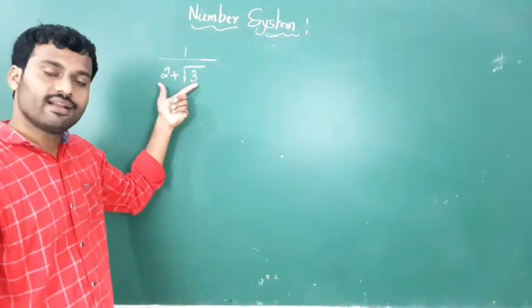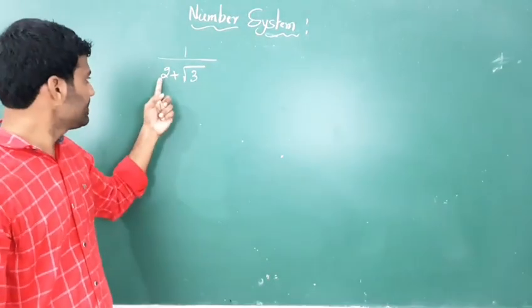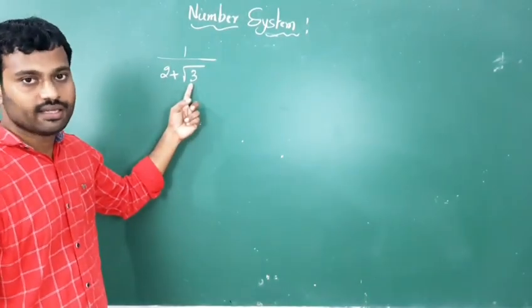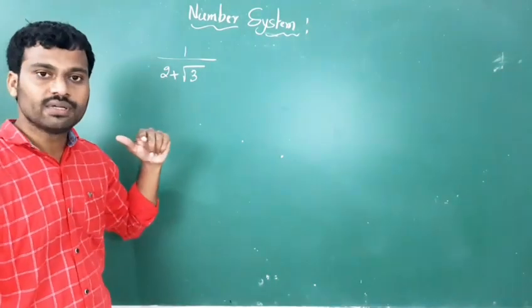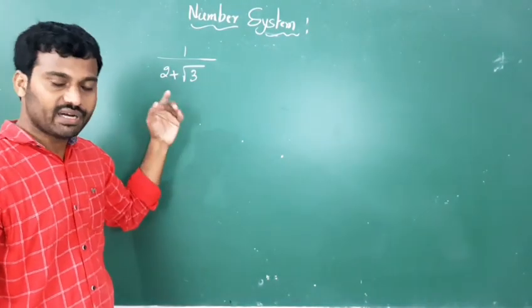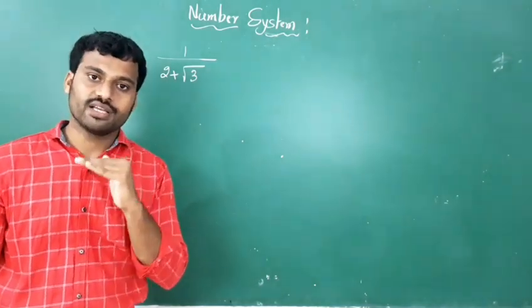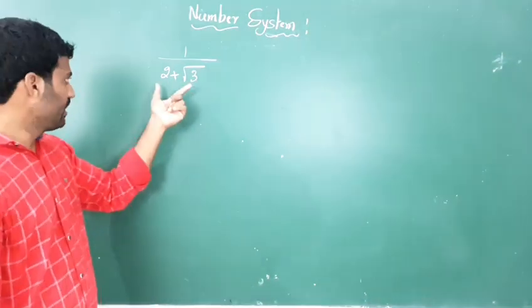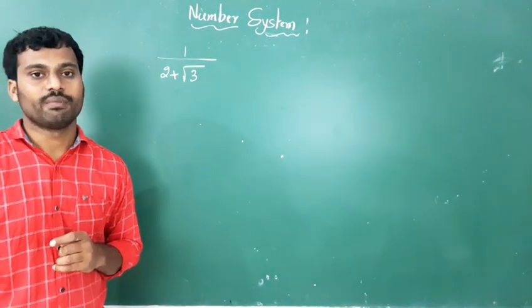They will give this one and ask to rationalize the denominator. That means the denominator is not rational. Just observe this. Is it a rational number? 2 is a rational number, but root 3 is an irrational number. Rational plus irrational, then the whole thing will become irrational. So totally this is an irrational number. But here they are asking to rationalize the denominator. So the denominator is irrational, so we have to rationalize it.